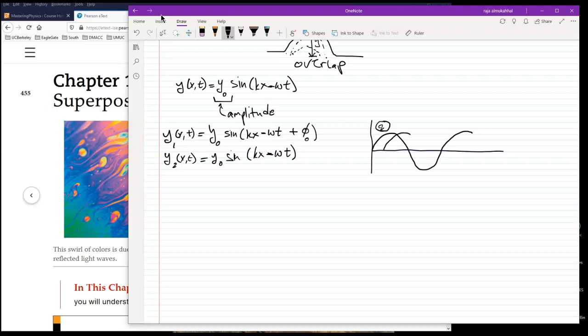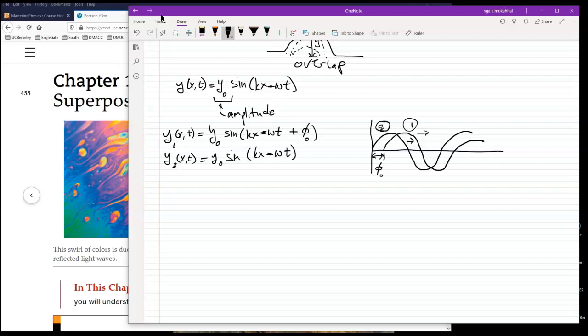Let's say this is y1. See the difference between them here? This is the phase constant, phi naught. For that case it probably would be minus, but anyway, you get those two waves. Of course, they both have minus minus here, which means both of them are moving to the right.